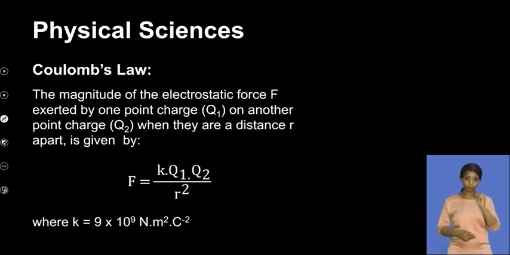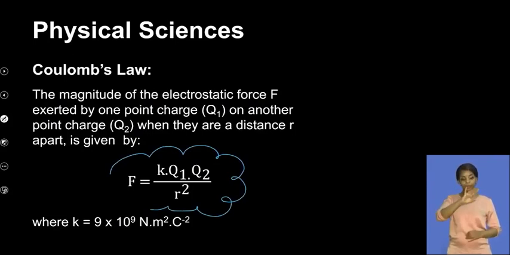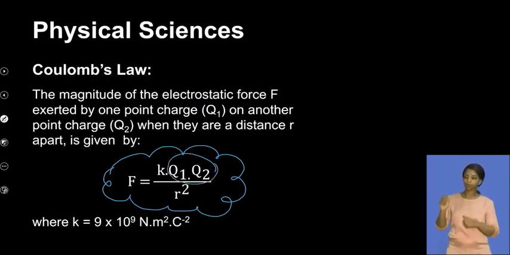Okay, now let's look at the data sheet, okay? The data sheet is what is going to be given to you as the formula sheet, okay? So from mathematically looking at that, you can see the product of the charges, you can see the square of the distance. So this is the product of charges, right?